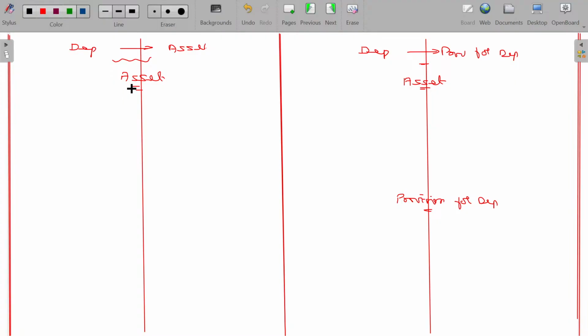Asset is a debit balance, right? As it is being debit, usually you start with opening balance in the debit side and closing balance should be in the credit side. Whenever the asset balance is increasing, it should be debited.